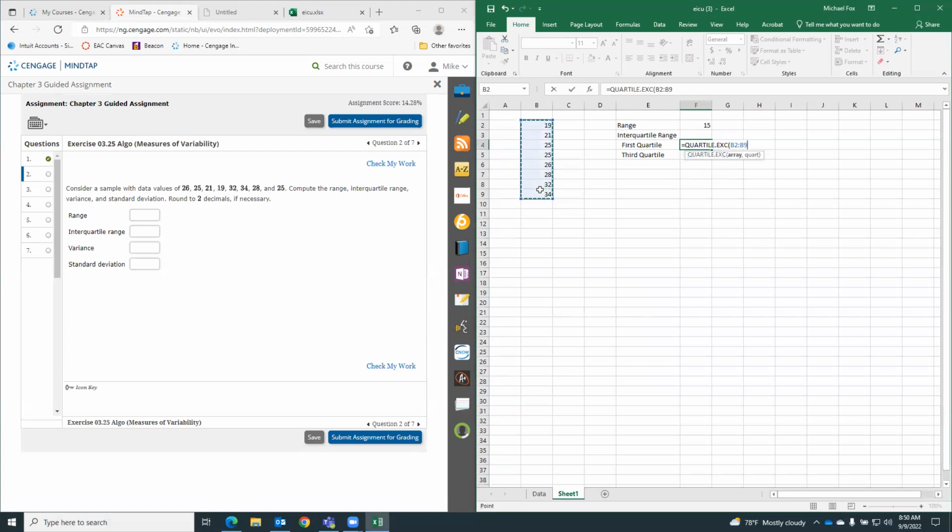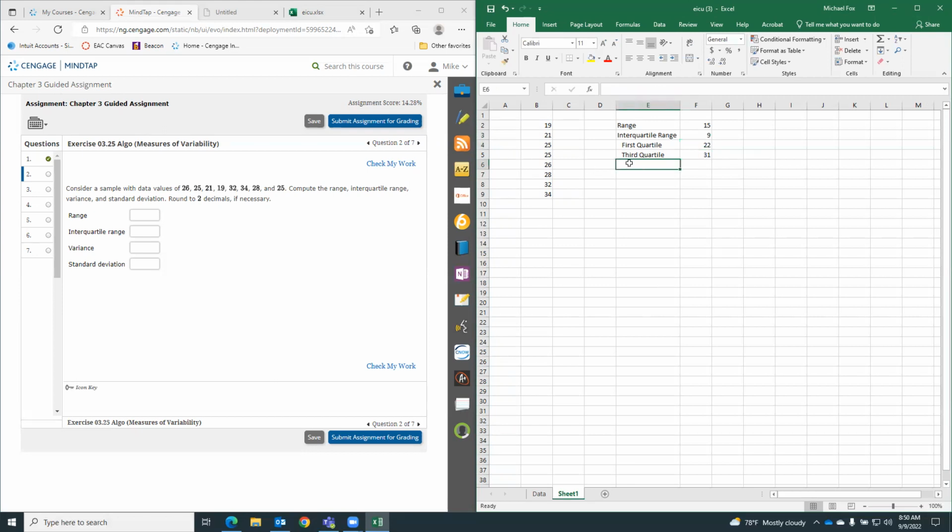Highlight my data set, comma 1. That will give me the first quartile. And then I'll do equals QUARTILE.EXC, highlight my data set, comma 3. My interquartile range is then just the third quartile minus the first quartile.